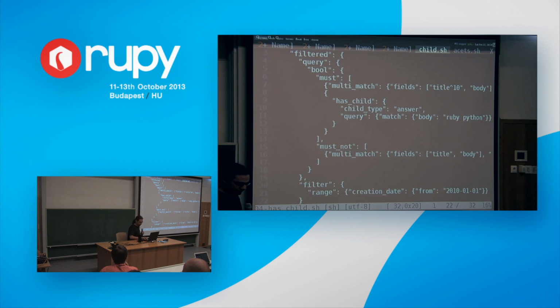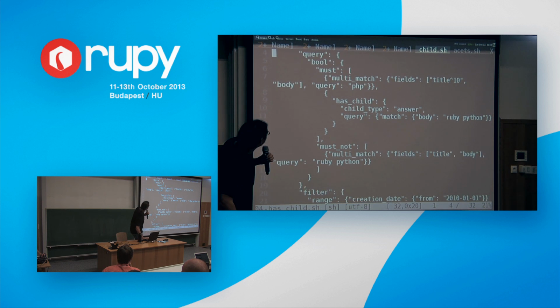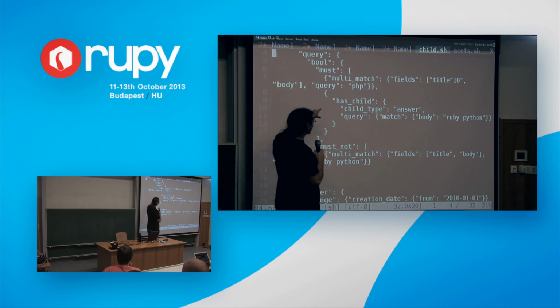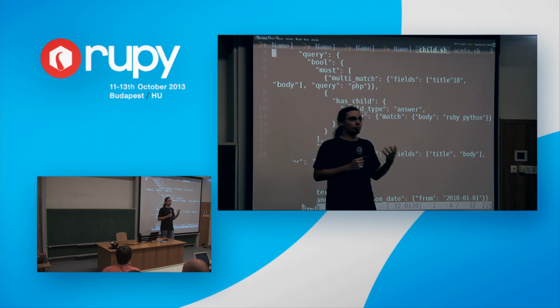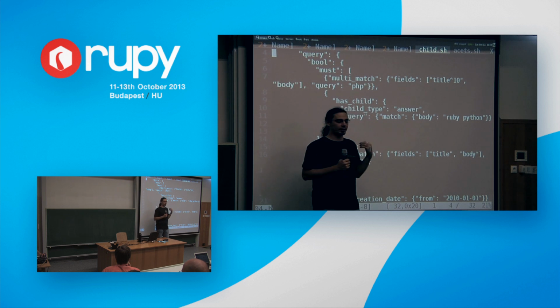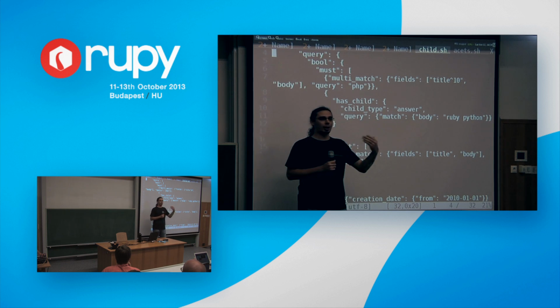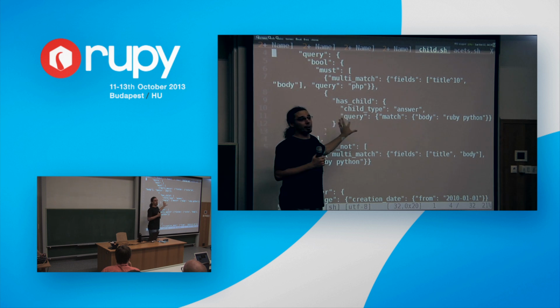This is again a query, and right now I added a hasChild query. hasChild refers to one of the types of relationships you can actually store in Elasticsearch. You can have a parent-child relationship. For example, this data is data from Stack Overflow.